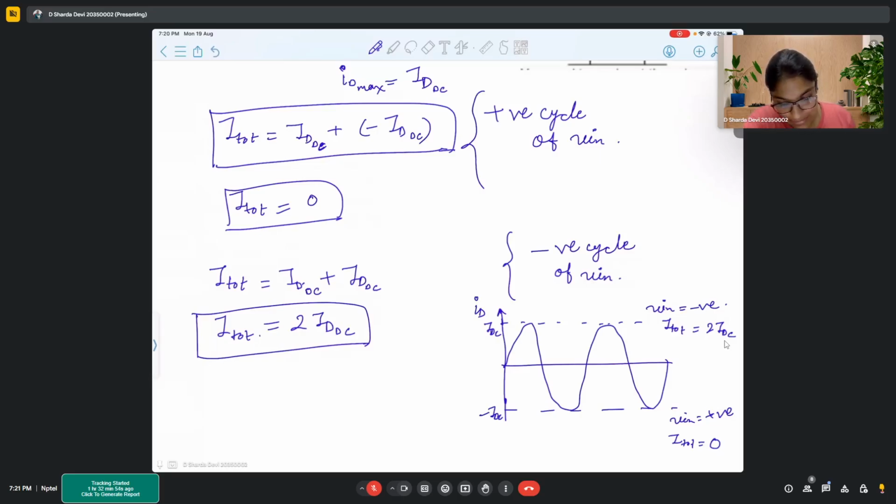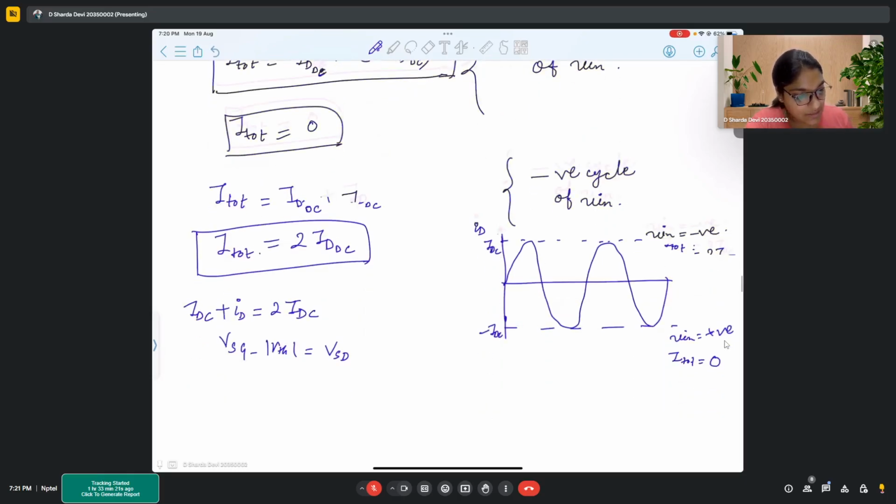So now, in case of IDC plus small id equal to 2 IDC, the current flowing through that particular branch is 2 IDC, and for this particular current, your transistor needs to be in saturation. So that means VSG minus mod VTH is equal to VSD.